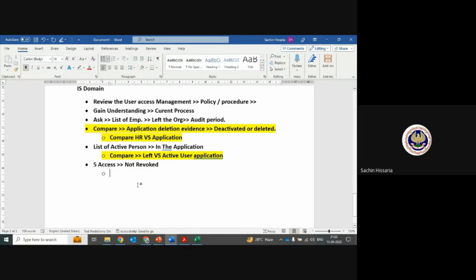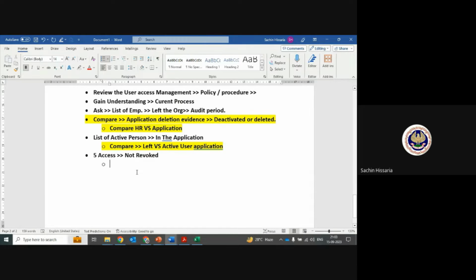So you need to say this: first I will ask for the logs. I will ask for the logs of all these 5 users, from their last working day to the date when their ID was deactivated, because I want to check that no transaction was passed from this user ID.